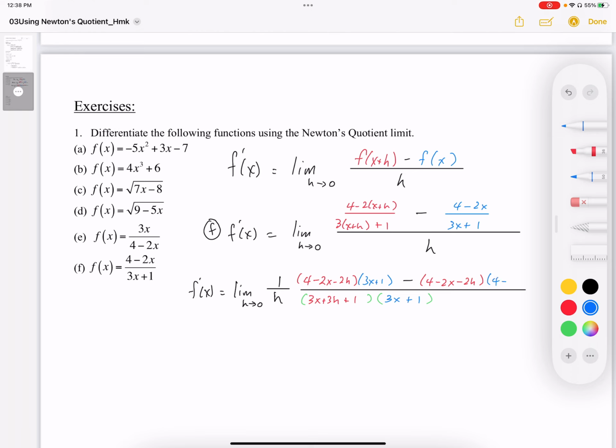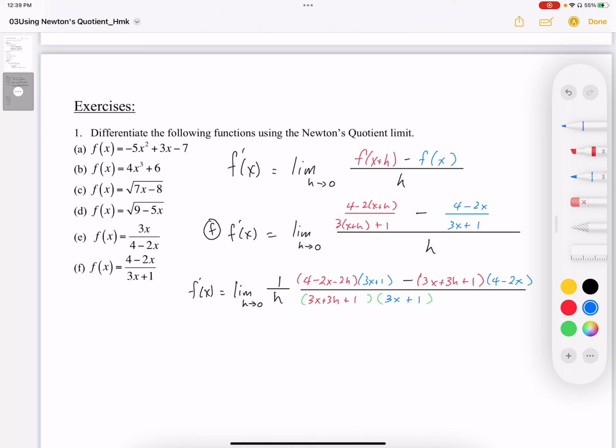Oops, sorry, that's the wrong one. Okay, so I need to multiply the denominator, which was 3x plus 3h plus 1. There we go. Times the 4 minus 2x on the other fraction. So there I have my fraction.